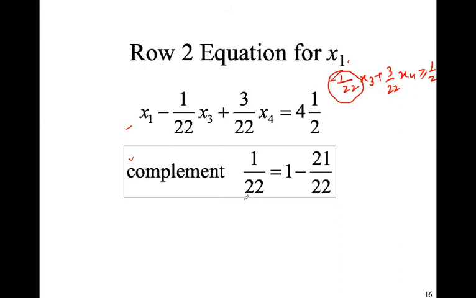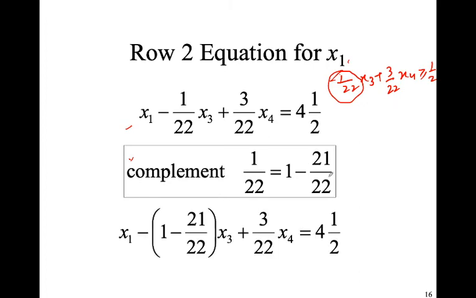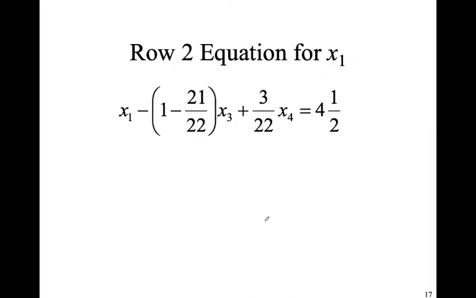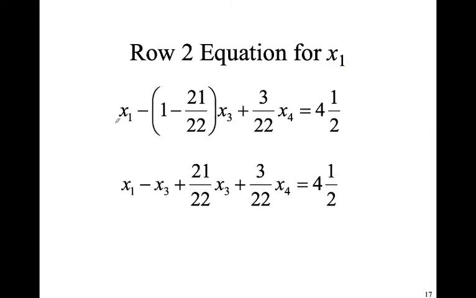The complement of 1 by 22 can be written as 1 minus 21 upon 22. So instead of 1 by 22, which is the negative value, we place 1 minus 21 by 22 in this equation. If you solve it, you will get x1 minus x3 and 21 divided by 22 x3 plus 3 by 22 x4. Now you can see the fractional value has become positive.